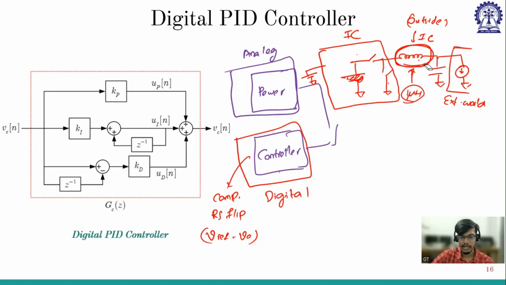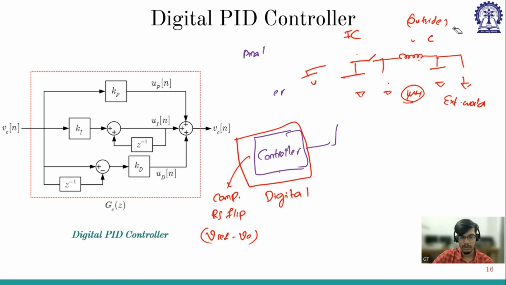So an inductor is a component and cannot be digitized. Can't we mathematically model it and implement it digitally, sir? You can mathematically model it, but then it becomes a simulation. It will not be hardware, right? Okay.